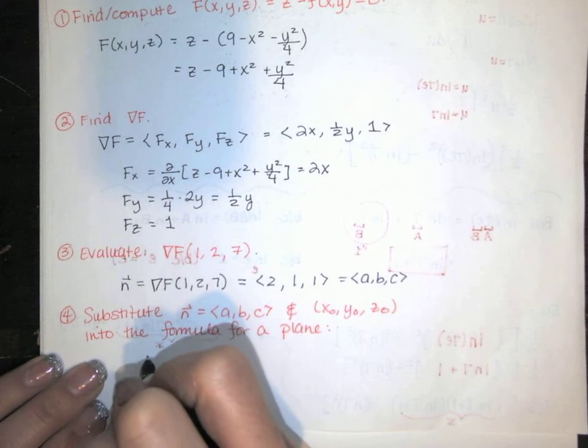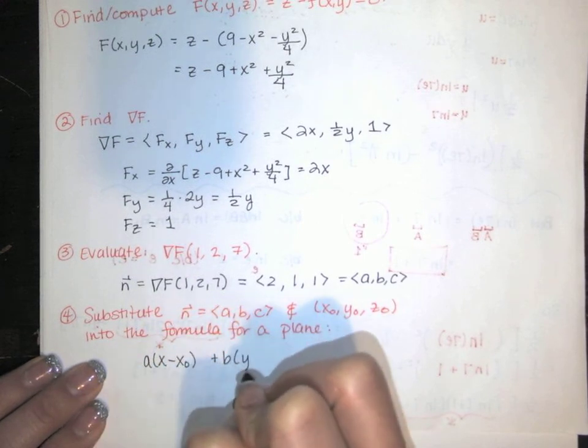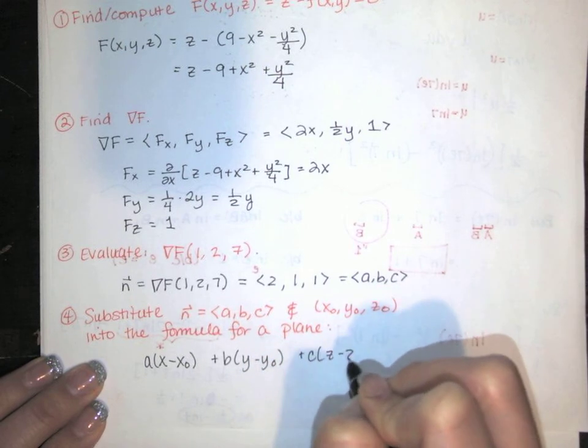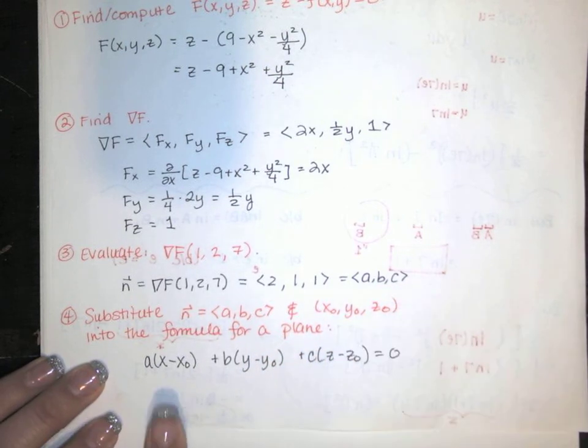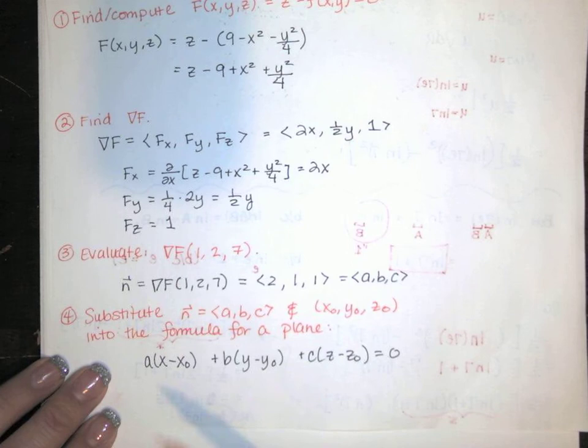So the formula for a plane was just a times x minus x naught plus b times y minus y naught plus c times z minus z naught equals 0, where a, b, and c are the components of the normal vector, and x naught, y naught, z naught is a point on the plane. So the tangent plane is just a special case of a plane.